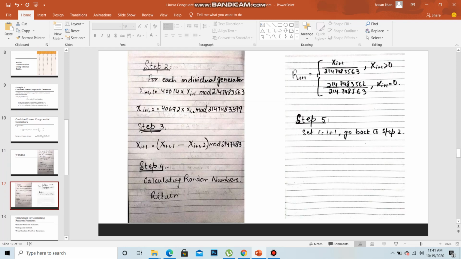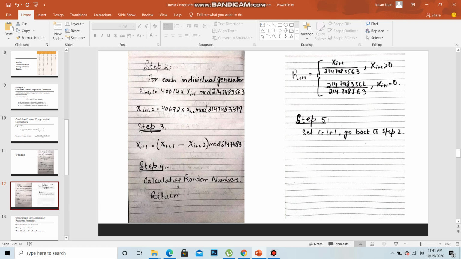Moving on, step 2 is for each individual generator. Now for calculating the value of each individual generator, we will be using a1 into Xi,1 mod m1, and for the second generator, we'll be using a2 into Xi,2 mod m2. Substituting the values, these Xi,1 and Xi,2 here are the seed values that you have selected previously, any random value.